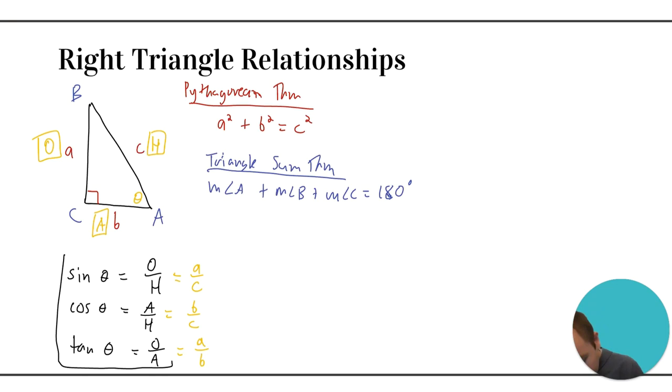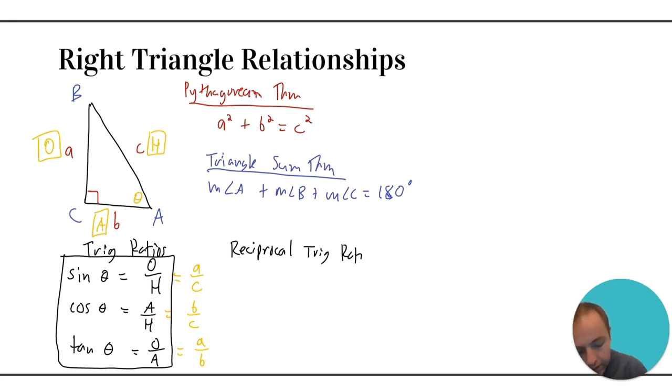So these relationships right here give us three of our trig ratios, but really there are six trig ratios that we use. The other three we call the reciprocal trig ratios because that's what they are in relationship to the first three: they're just flipped fractions or reciprocals.